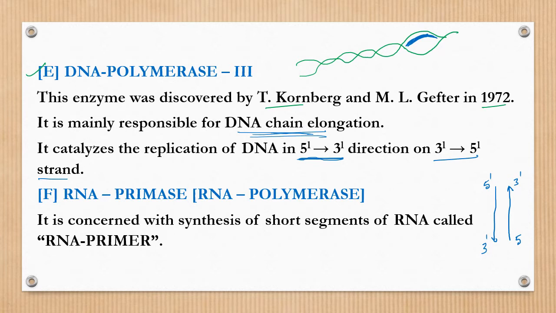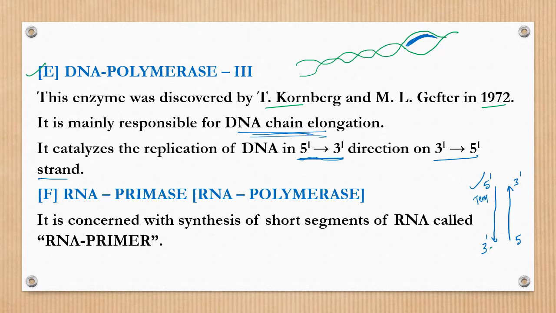So this strand is from 3 to 5, it is above. That means this strand acts as a template. The old strand is separated. Now the new strand is formed.